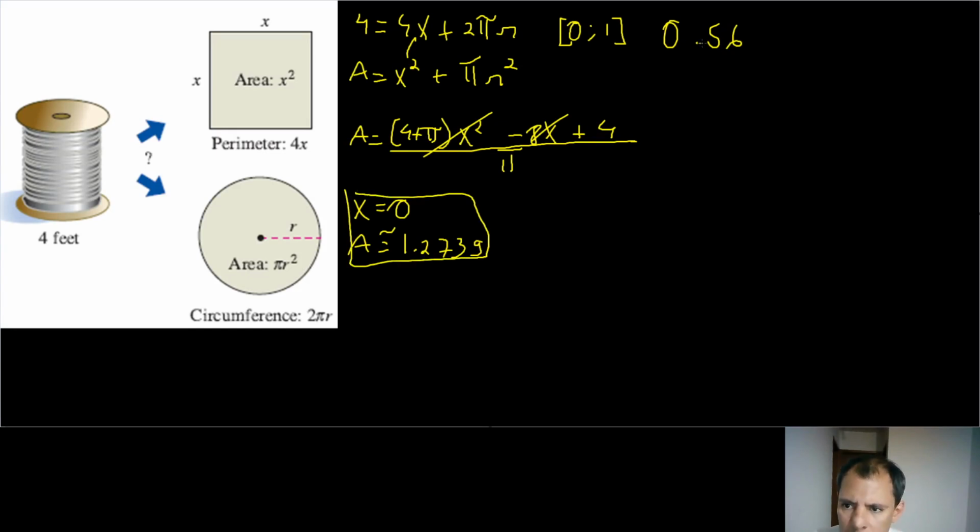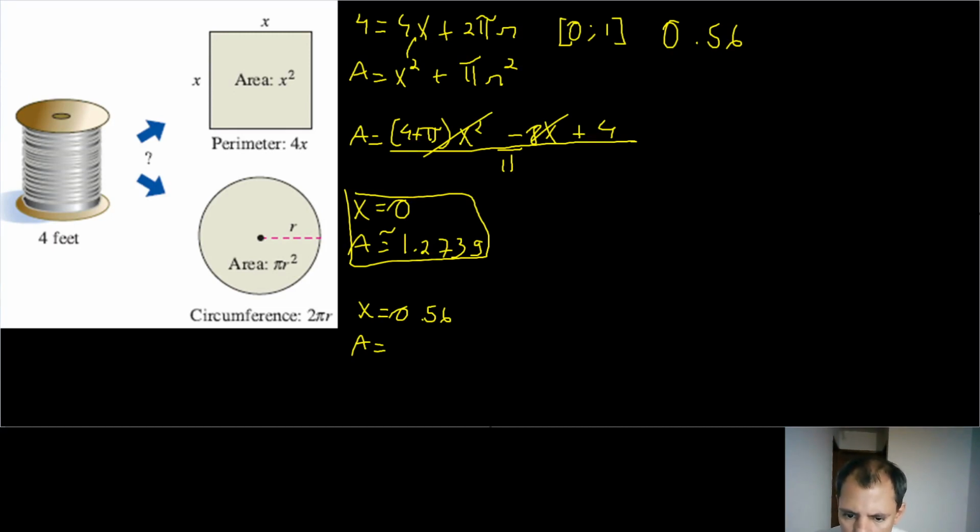What about when x equals 0.56? When x equals 0.56, the area is going to be equal to what? So let's see here. 0.56 times 0.56 equals that. Times 7.14.